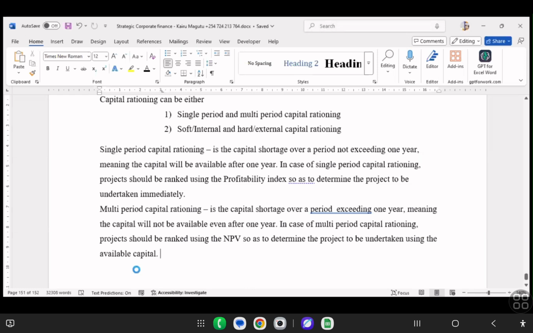Now, the other capital rationing is what we call the soft or internal capital rationing. What is soft or internal capital rationing, please?